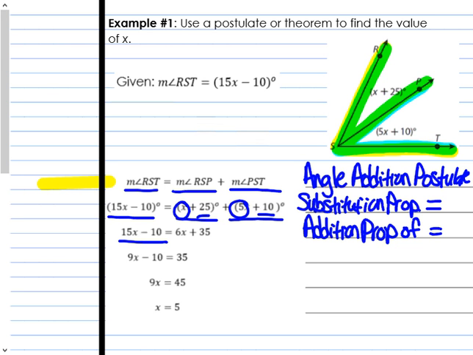Okay? You're just basically telling it what it did. Look at your next step. What did they do? They subtracted 6x from both sides to get 9x. So that would be the subtraction property of equality.